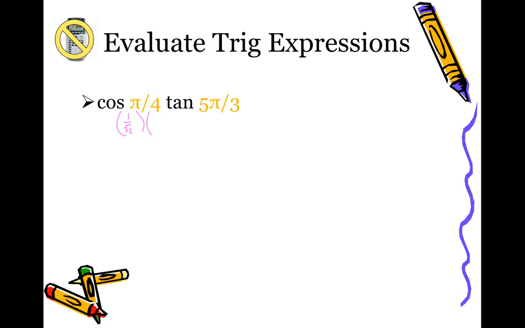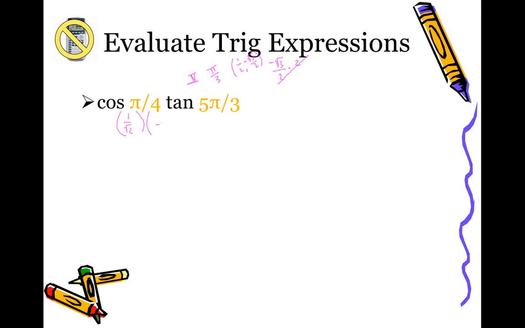Next, tangent of 5 pi over 3. So let's think about quadrant. Well, 5 pi over 3 is going to be quadrant 4, right? And the reference angle is pi over 3. So what is your coordinate point there? 1/2, negative root 3 over 2. Right, so if you do y over x, negative root 3 over 2, instead of dividing by 1/2, let's multiply by 2.